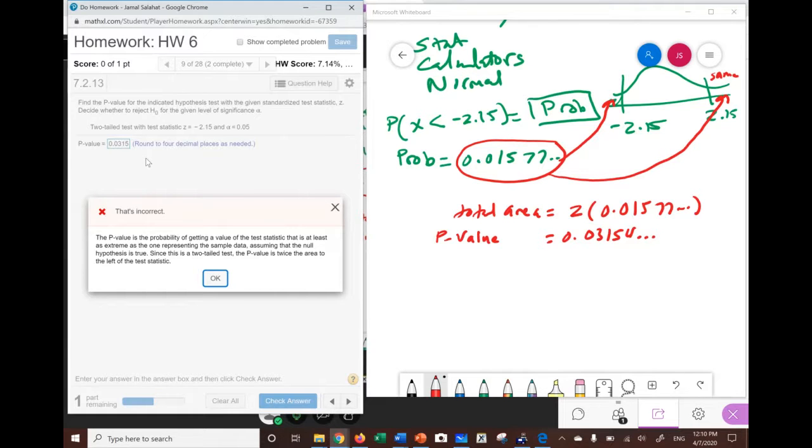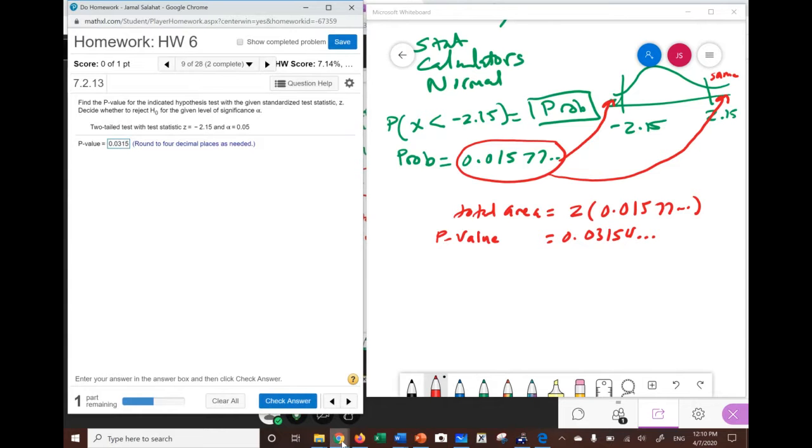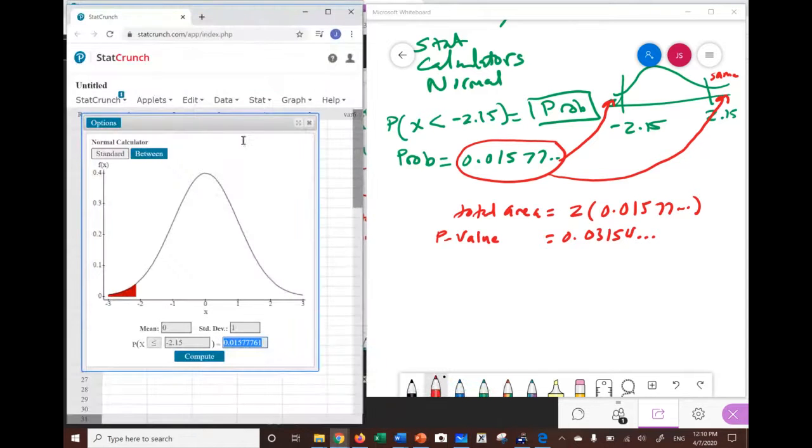Now we made a mistake. Let's double check our numbers. Let's go back to this. This number is 0.01577.